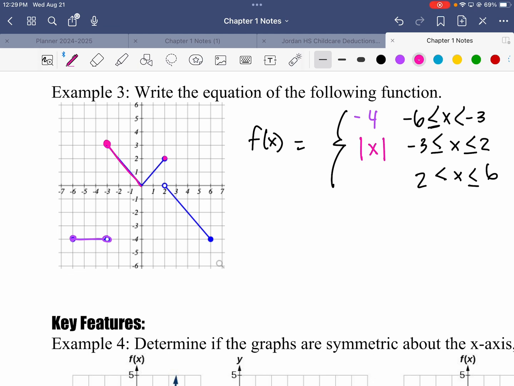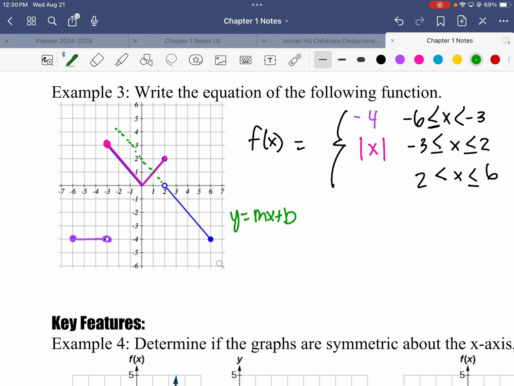Okay, what about this last section? What kind of graph is that? It's just a line. It's just a linear graph. So remember, linear graphs are always what? Good. Y equals mx plus b. Okay, here's the thing, though. I have no idea what b is right now. Do you? But you know what I could figure out?